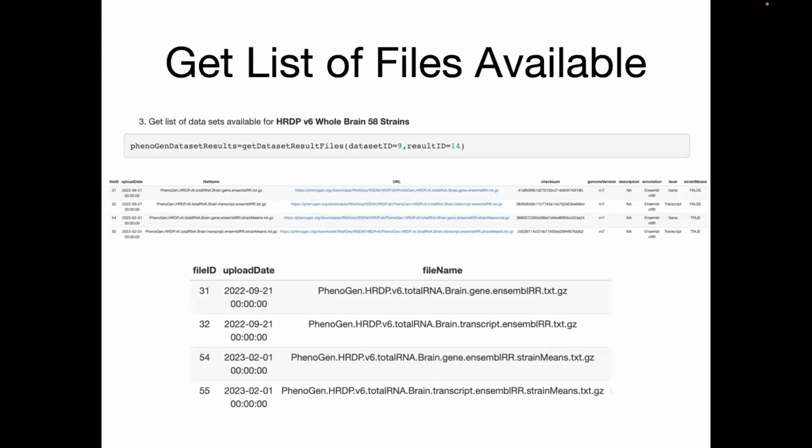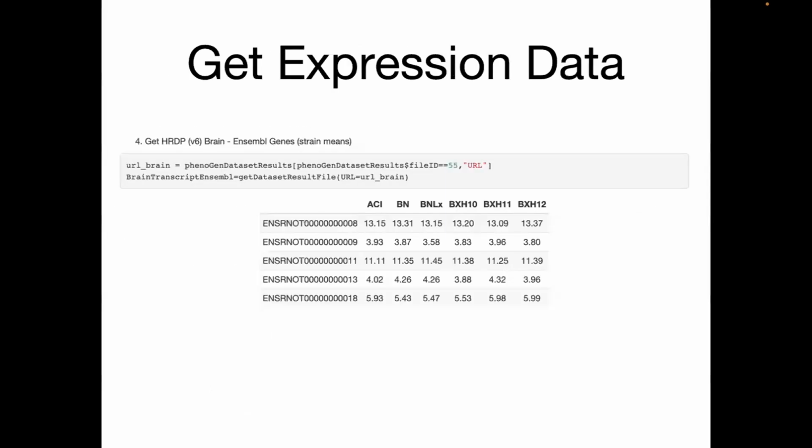Once you have that, you can say, okay, now that I've told you I want the Ensembl files, how do we get down to the actual Ensembl expression data? And so that's one more function to list all of those. And then finally, we can get to that data set. So here I've just shown you the first 6 strains and the first 5 transcripts from Ensembl.